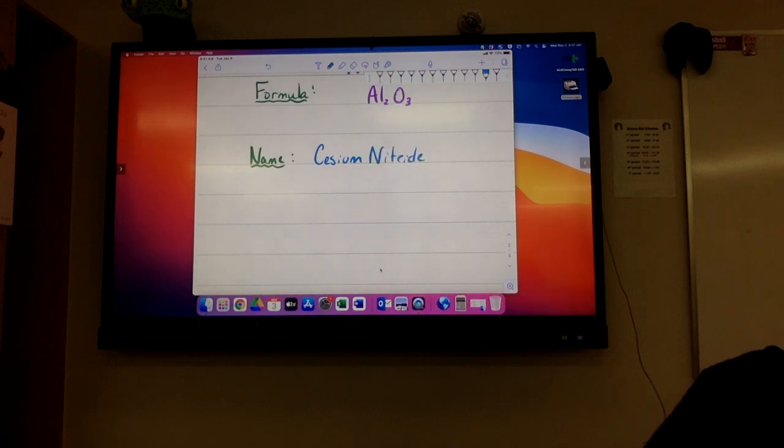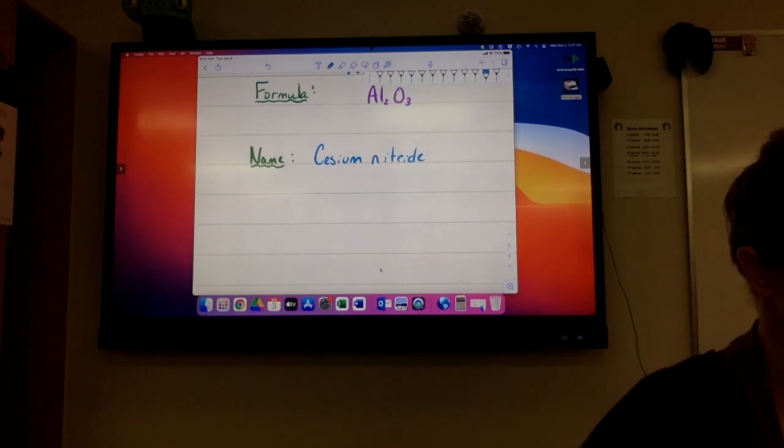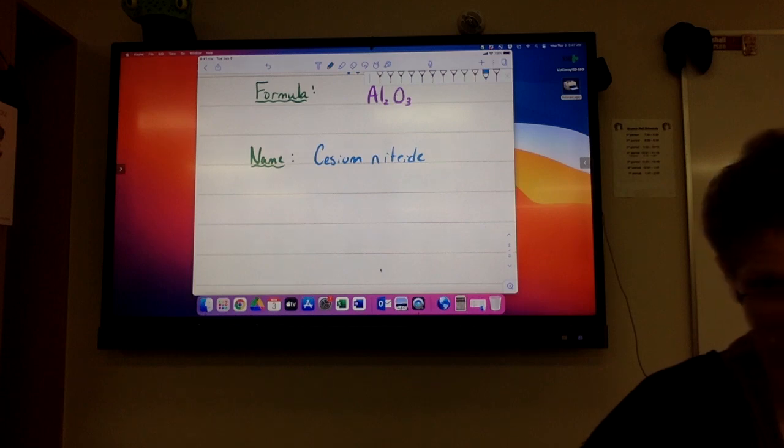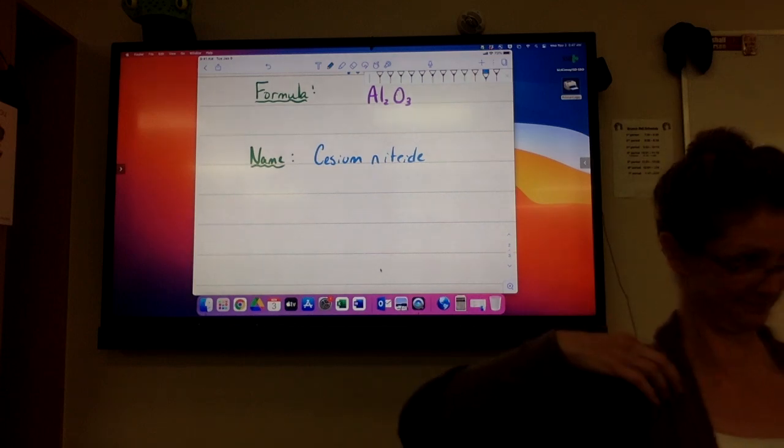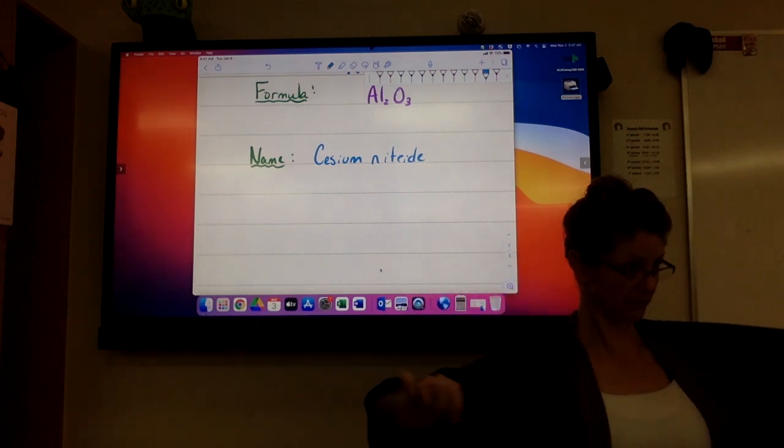And if you ever are wanting to find an element, you can always just shout out and I can help you with that. Cesium is in the first column. Nitrogen's number 7. See if you can get it.